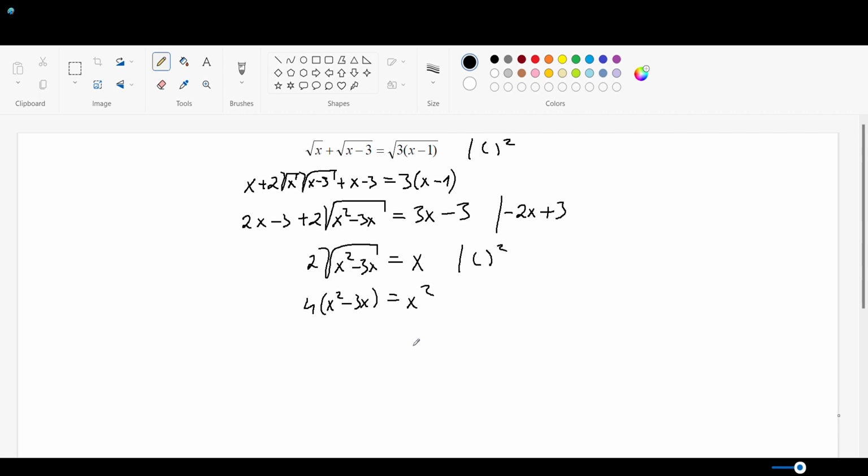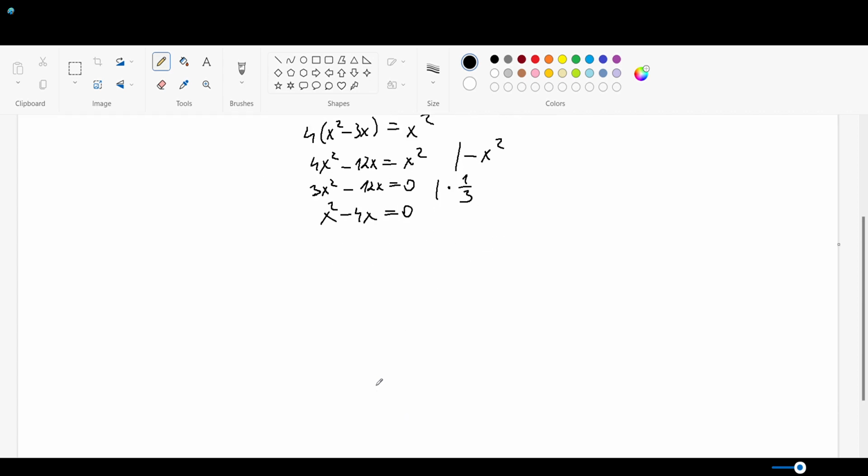Okay. Very nice. I can see that I really have chosen simple equations, but you never know before you try to solve. So 4x squared minus 12x equals x squared. Take away x squared is my operation, so 3x squared minus 12x equals 0. Again, I can simplify by multiplying by 1 over 3, which will cancel the number 3 here, and the negative 12 will become negative 4x, so x squared minus 4x equals 0.